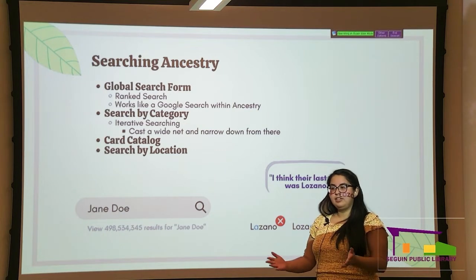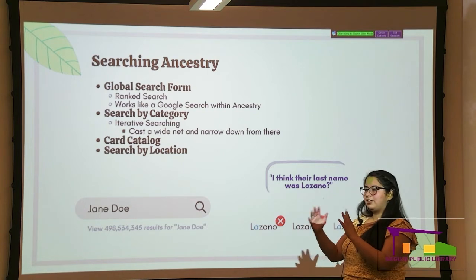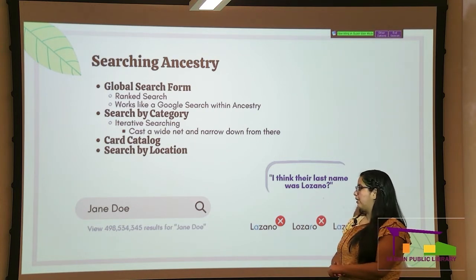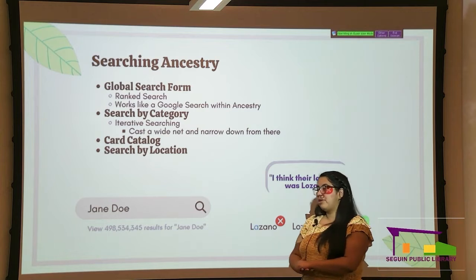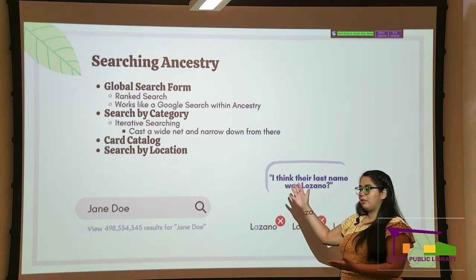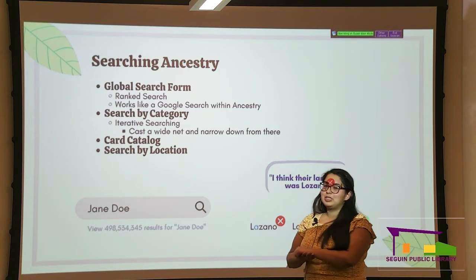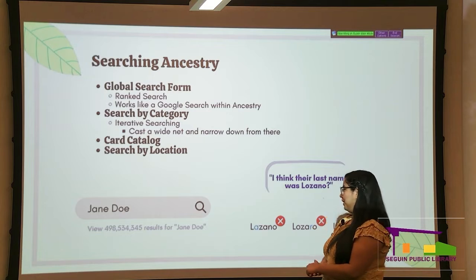same search. So for example, let's say I have a family member that I kind of sort of know his name was a certain thing. So for example, in my family line, I have a Pedro Lozano, or that's what we thought his name was. So I kept looking at Pedro Lozano, couldn't find anything on him. Turns out his name was Pedro Lázaro, so a completely different name.